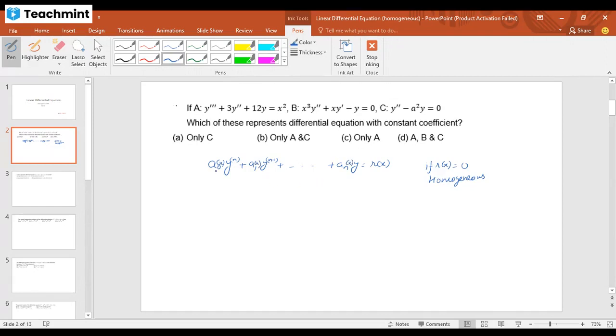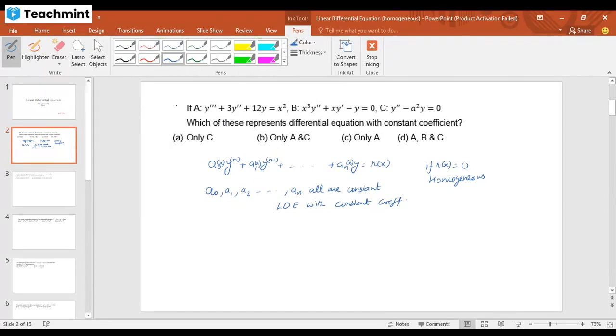So if all these coefficients are constant, then the differential equation is said to be a linear differential equation with constant coefficient. If any one of them is a variable, then that type of differential equation is said to be a linear differential equation with variable coefficient.